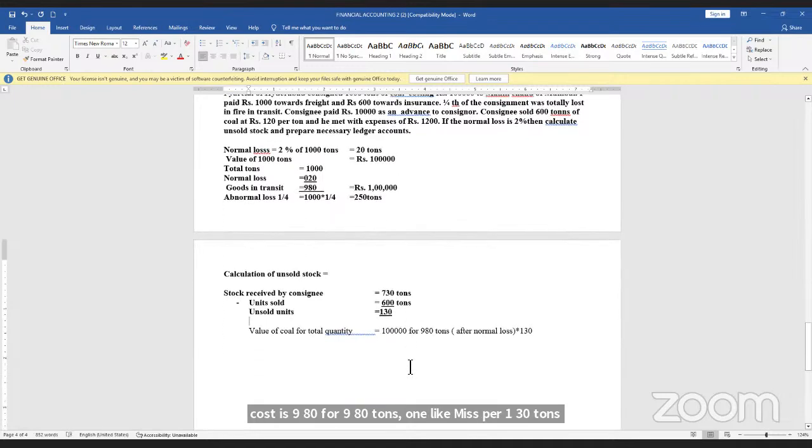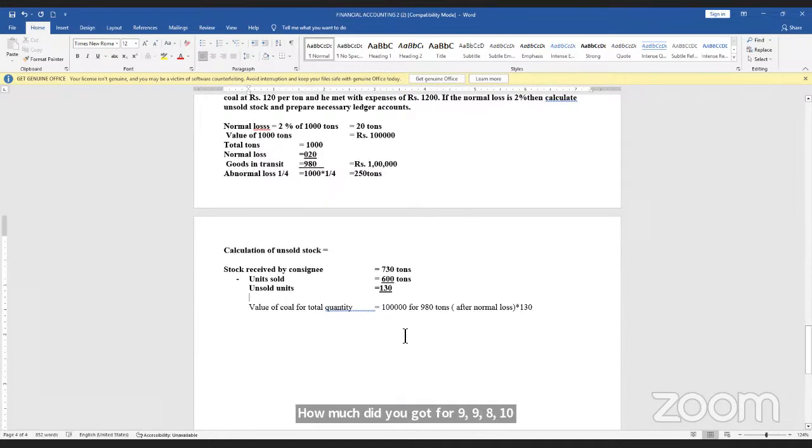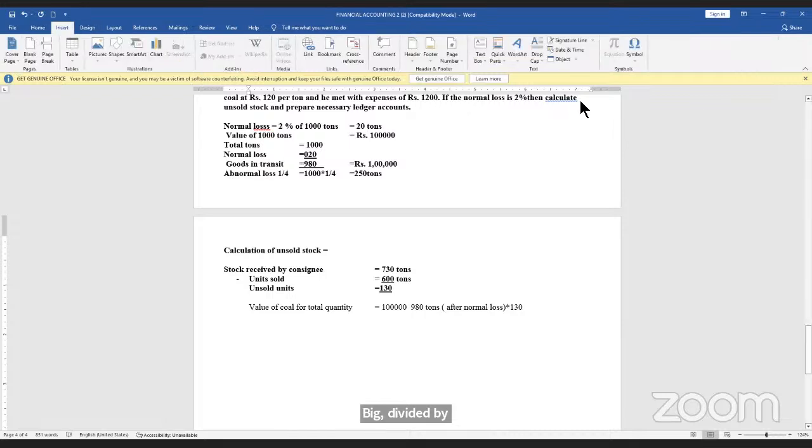For 980 tons, if 1 lakh is the cost, for 130 tons, what is the cost? 1 lakh for 980 tons, divided by 980 into 130. So how much do you get?